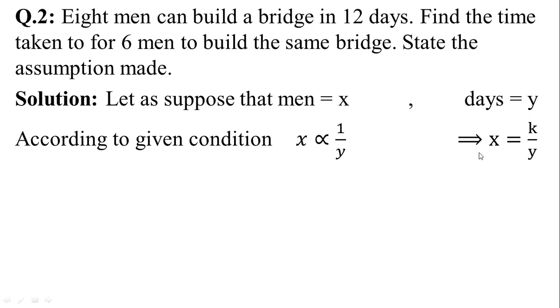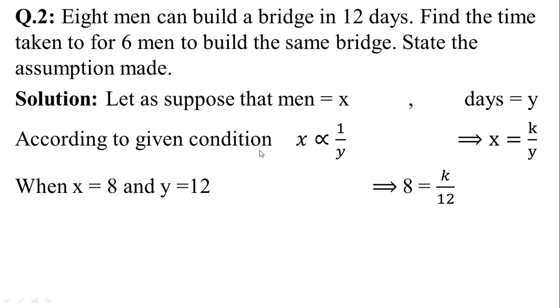This implies that x is equal to k upon y. Here, when x is equal to 8 and y is equal to 12, put the values and find the value of the constant.